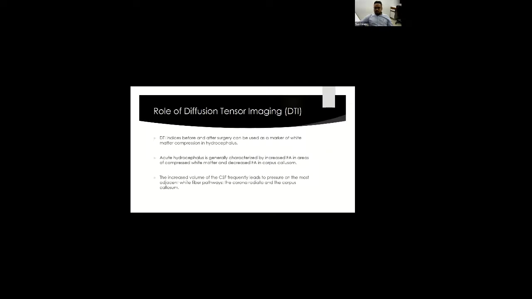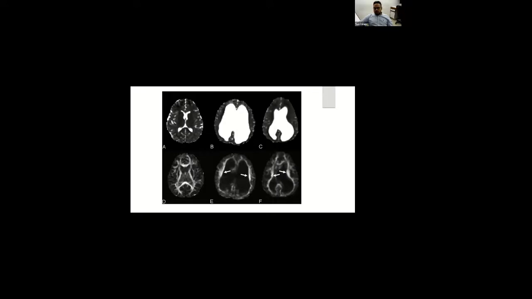The increased volume of CSF frequently leads to pressure onto the adjacent white matter pathways, the corona radiata and the corpus callosum. So in this image, the top row is the ADC, and the bottom row is of the fractional anisotropy images. So the figure A and D are the healthy patients, and B, C, E, and F are the patients with hydrocephalus.